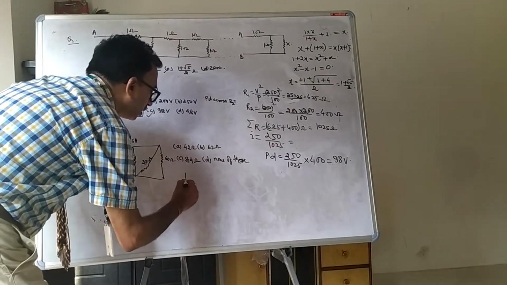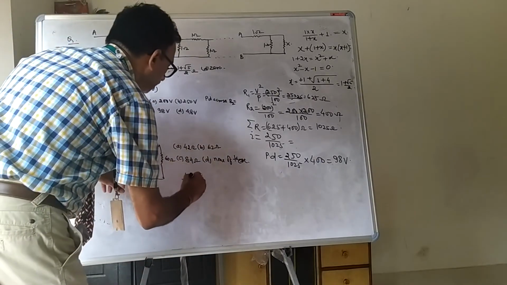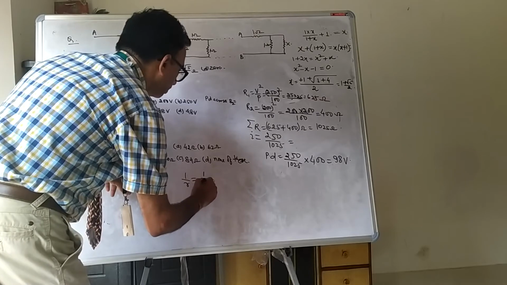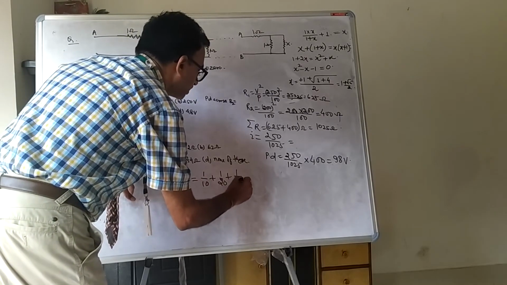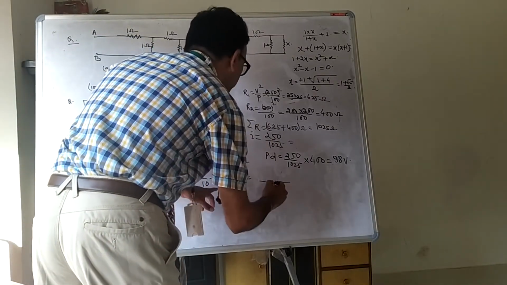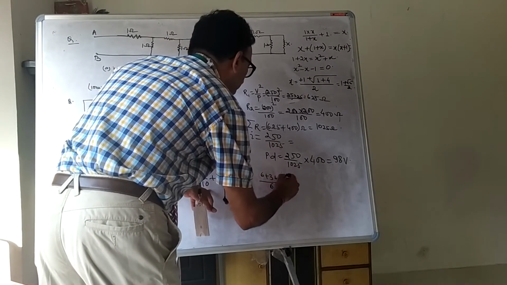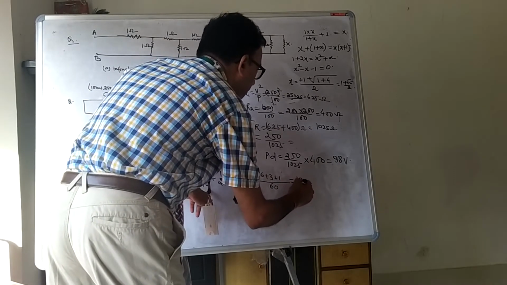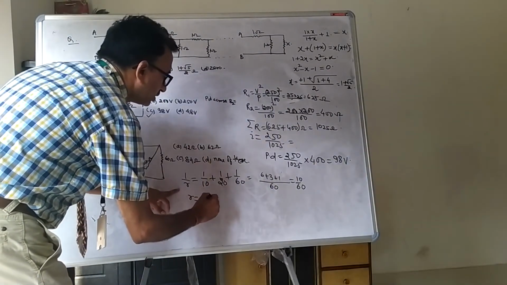So 1 by R, I am calling it small r because capital R is given here. So 1 by small r will be 1 by 10 plus 1 by 20 plus 1 by 60. What will be the value? If you take 60 as the LCM, then this will be 6 plus 3 plus 1, so it will be 10 by 60. Therefore, small r will be 6 ohm.